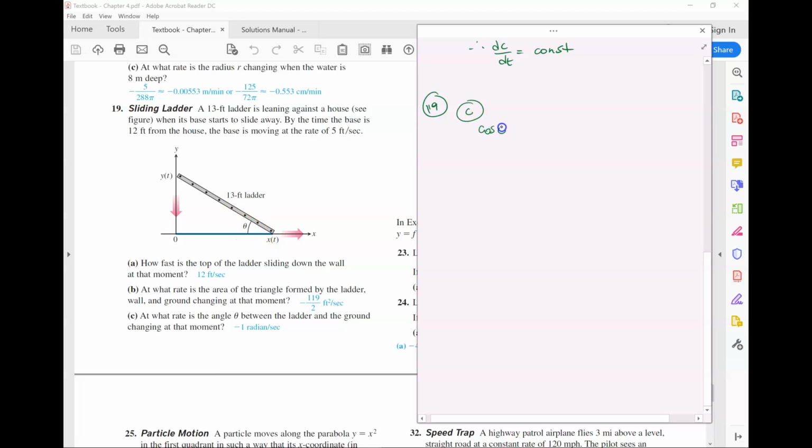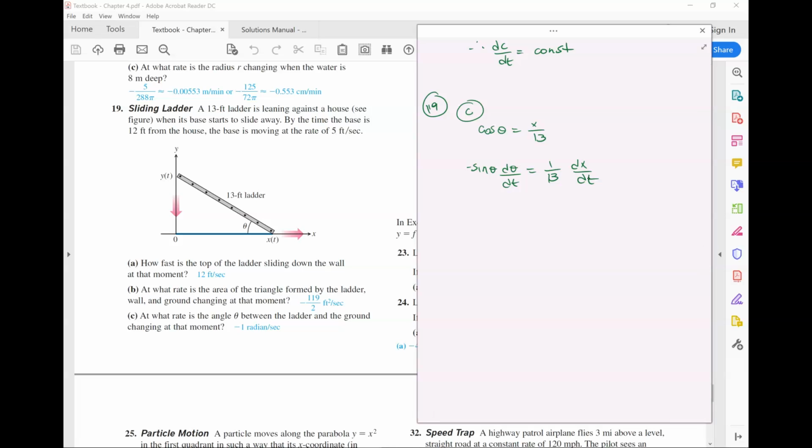So if you were to do cosine of theta is x over 13, then negative sine theta d theta dt is 1 over 13 dx dt.